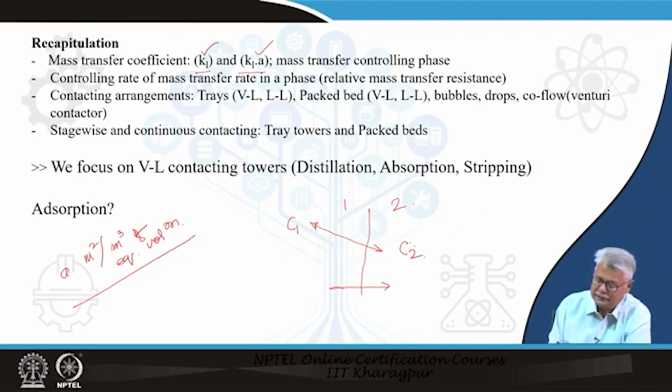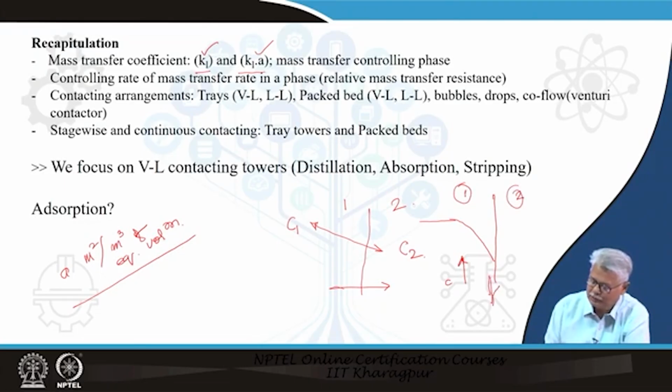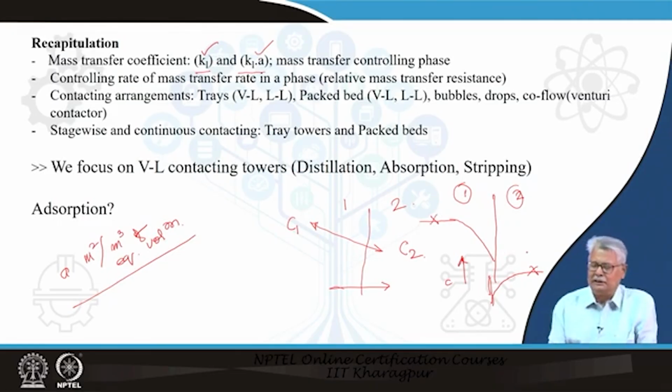What you will find is there will be the interface here, there will be a concentration in the bulk which is fairly constant, then the boundary layer starts and it drops here. Similarly, this is my phase 1 and this is my phase 2, and you will also have a boundary layer here, with the bulk concentration here. Definitely the concentration difference drives the mass transfer.